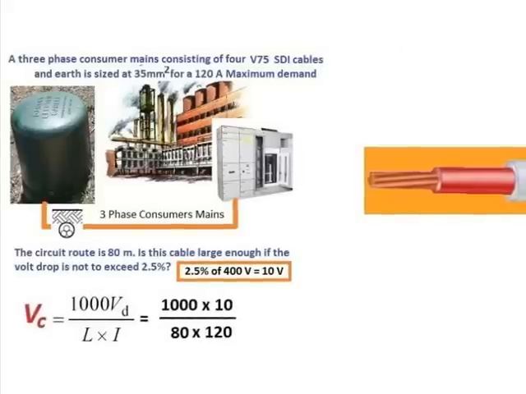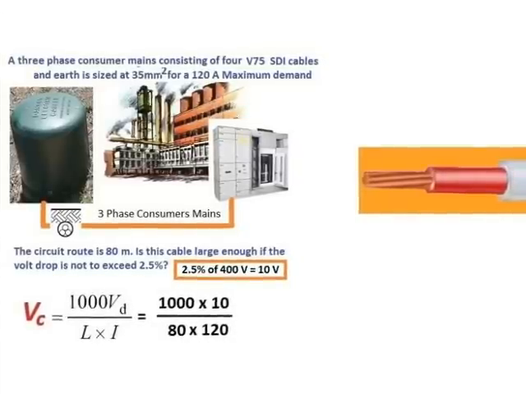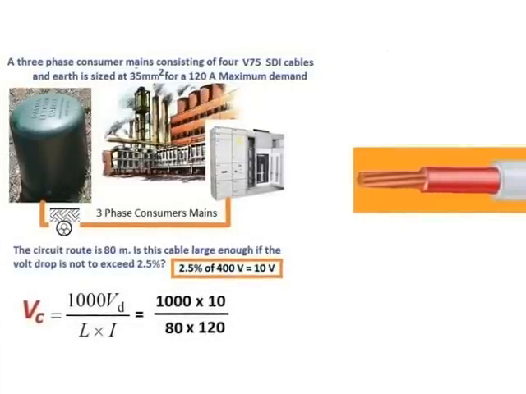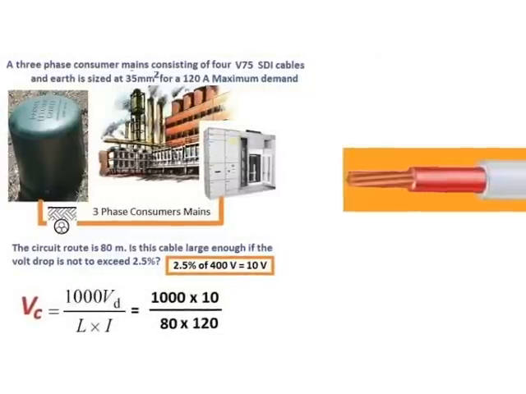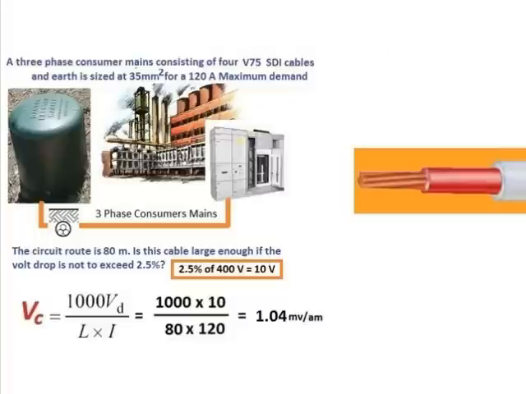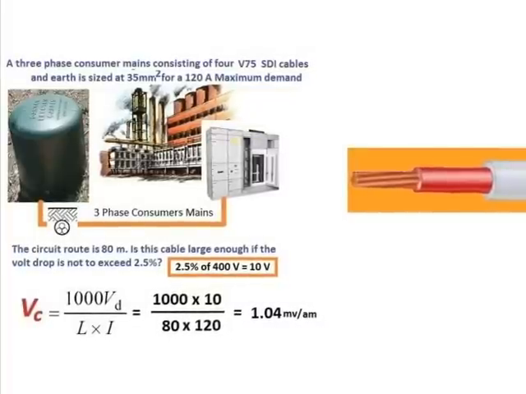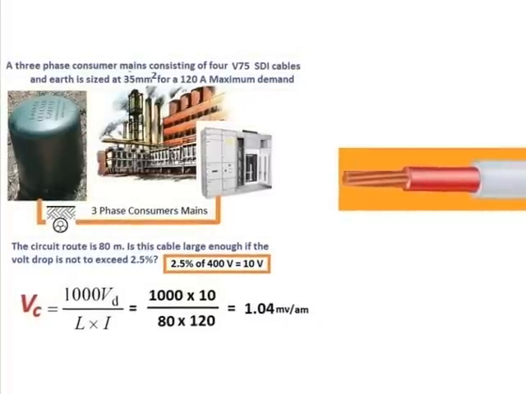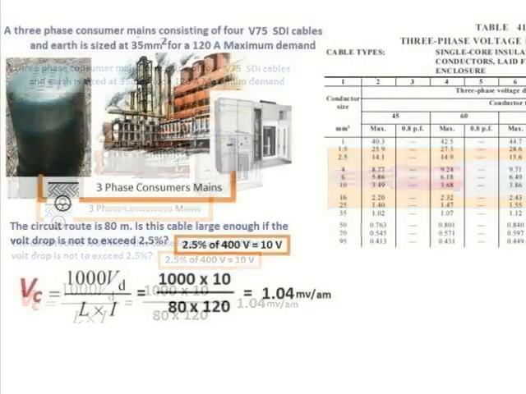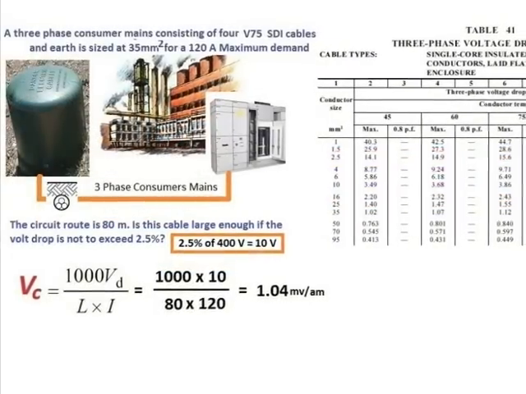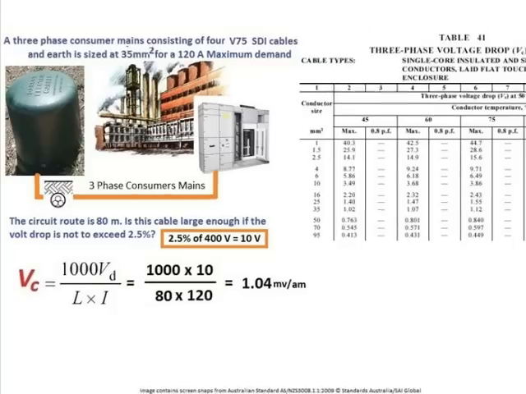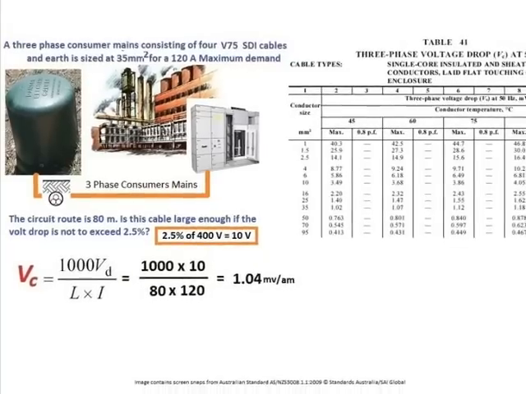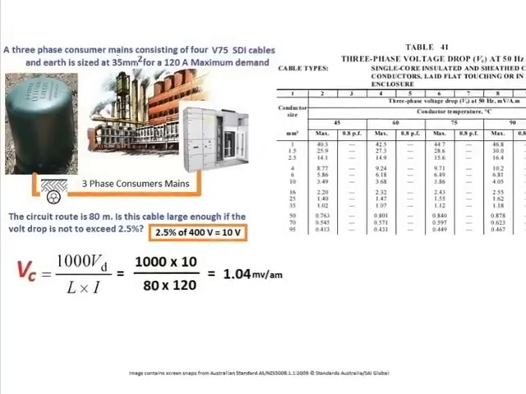Applying that to my calculation, I've got 1000 times 10, which is the VD, a length of 80 meters and a current of 120 amps. This gives me a VC of 1.04 millivolts per amp meter. Now here I'm going to be using my three-phase volt drop table, table 41, for my single core double insulated cables in a wiring enclosure.